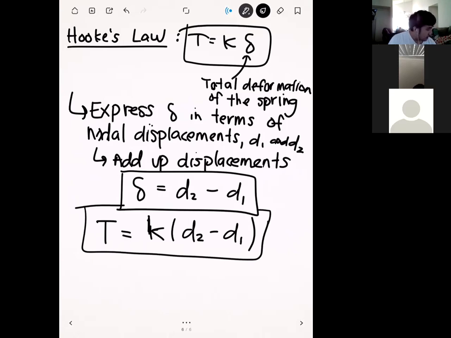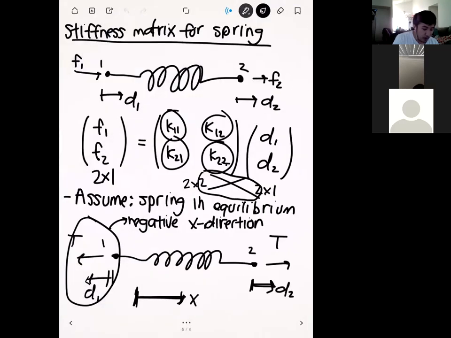So that's how we can relate the tensile force T to the nodal displacements D2 and D1. Now that we have this expression, we have a big part of our stiffness matrix here. Basically this side.